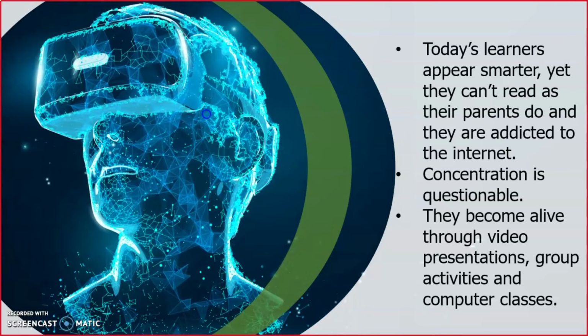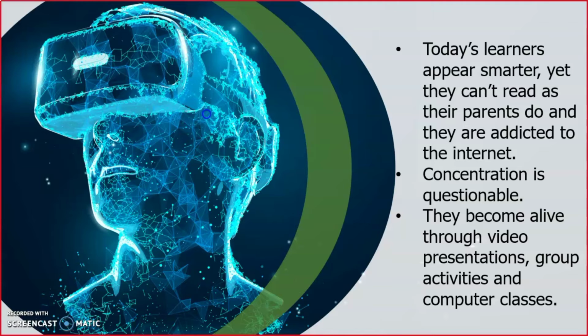Today's learners appear smarter, yet they cannot read as their parents do, and they are addicted to the internet because they have the ability to manipulate, yes, a simple and complex use of different technology, but this ability is limited only to the technical aspect of using technology. To analyze, synthesize information, and read with comprehension, they are pale.